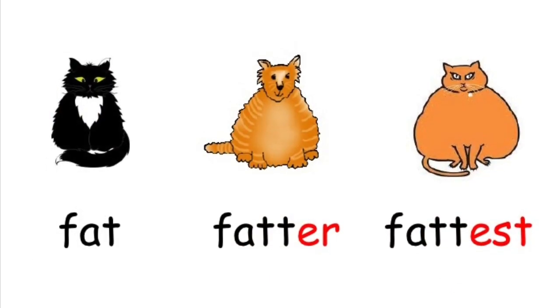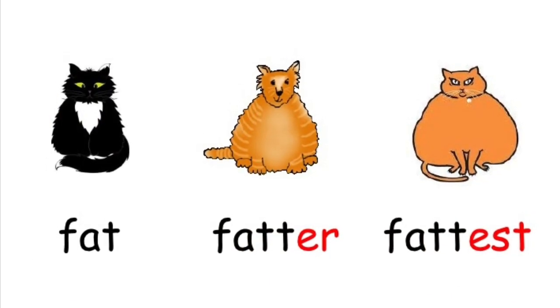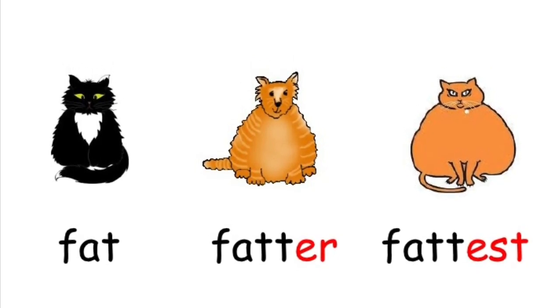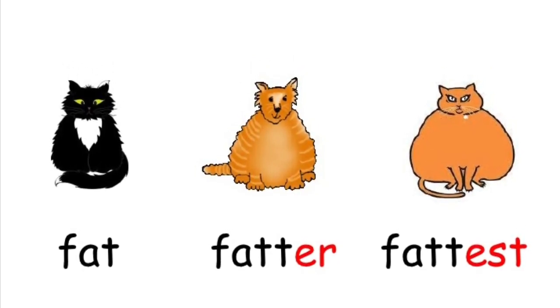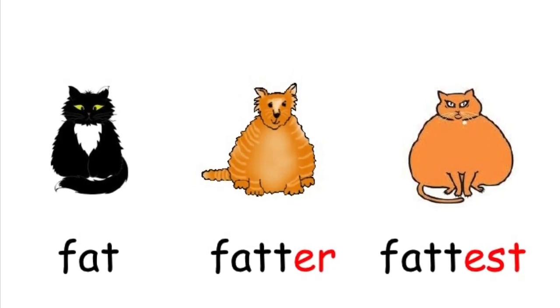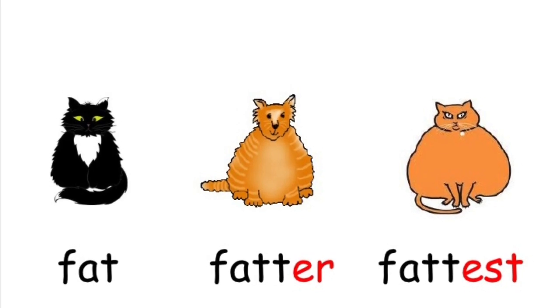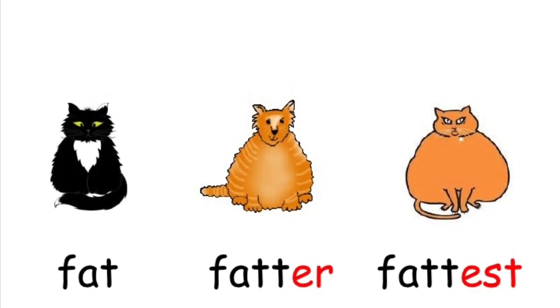However, when you compare more than two things, you use the suffix EST. So remember that if there's three or more, you're going to use EST. And the suffix EST has three letters.